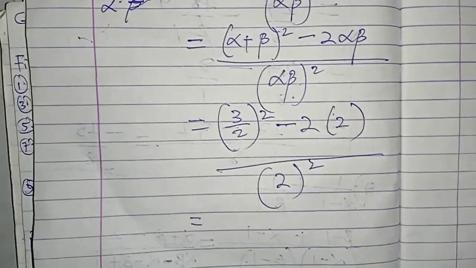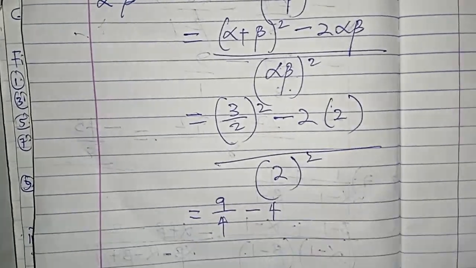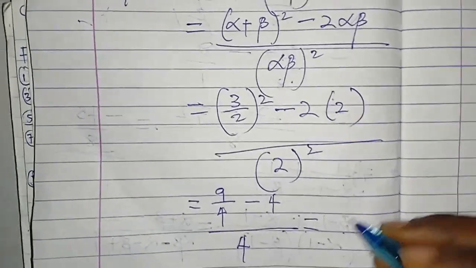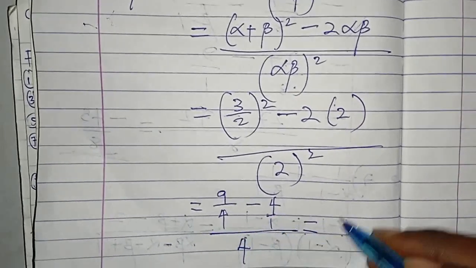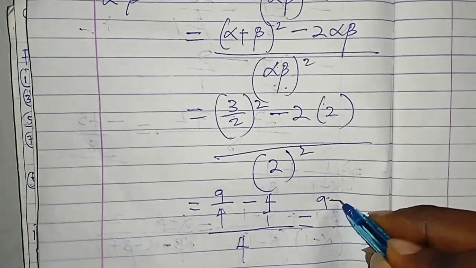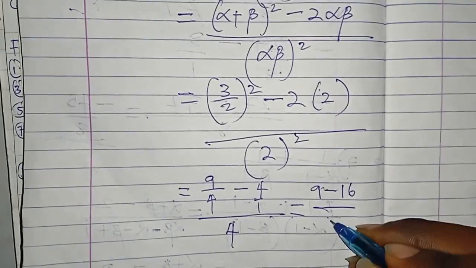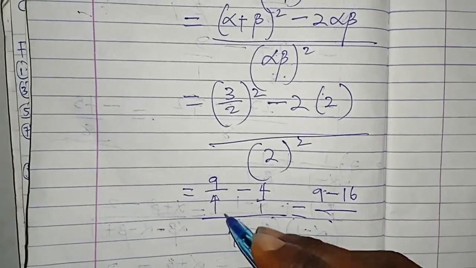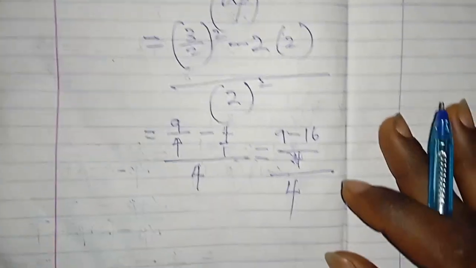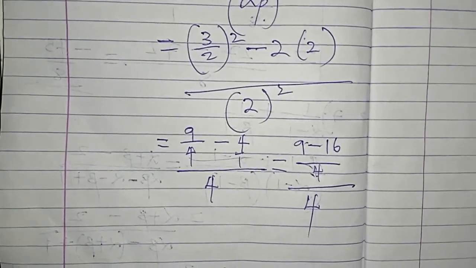So this will give me 9 over 4 minus 4 all over 4, which is equal to 9 minus 16 all over 4 times 1, all over 4 over 4.